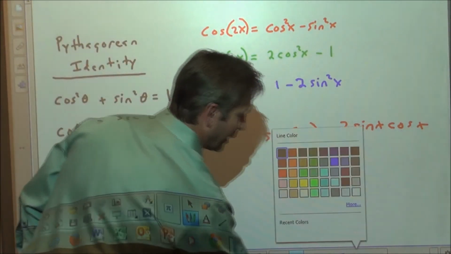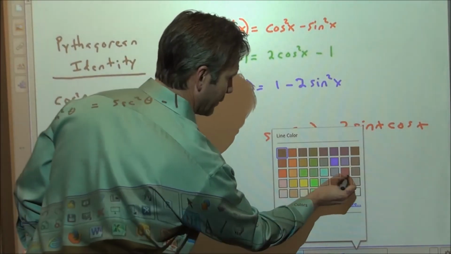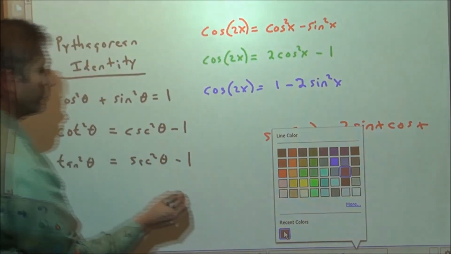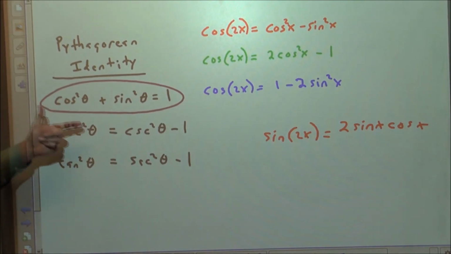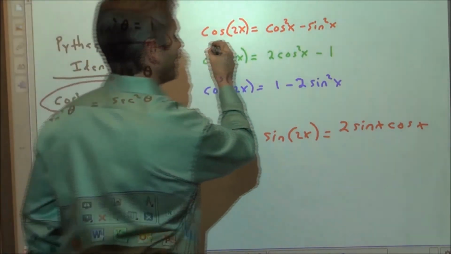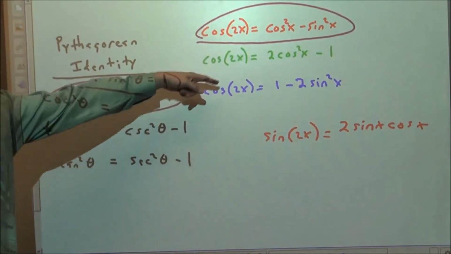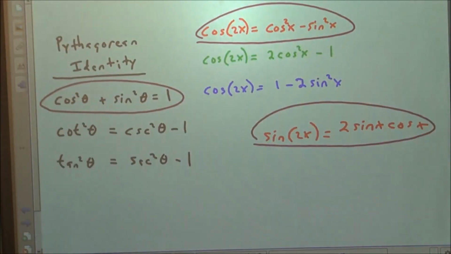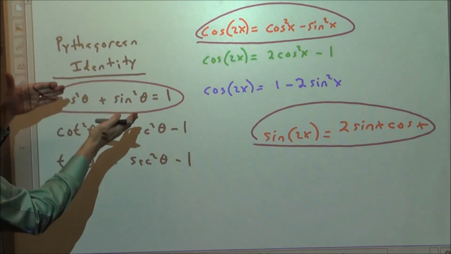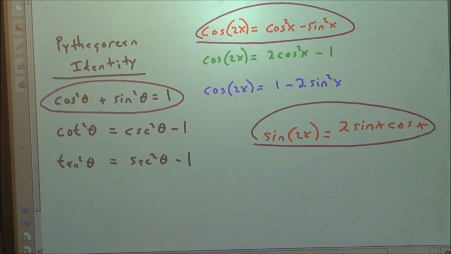We need to memorize, in my opinion, others would disagree with me, but we would need to memorize this guy, and from it, you can get those. We need to memorize this guy, and from it, you can get those. And we need to memorize this guy. And in the process of memorizing those, if you also end up memorizing these guys, more power to you.